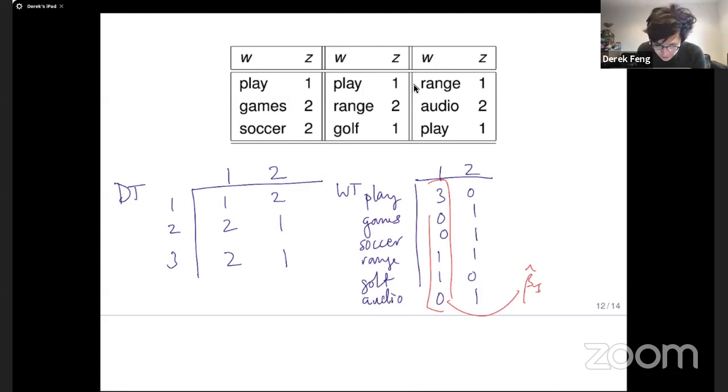Obviously, you have to normalize, because it has to be a probability distribution. And then for my theta, that would just be my theta 1, the empirical frequency of which topic is in which document. So these DTs and WTs are essentially calculating empirical frequencies of the parameters we were interested in.